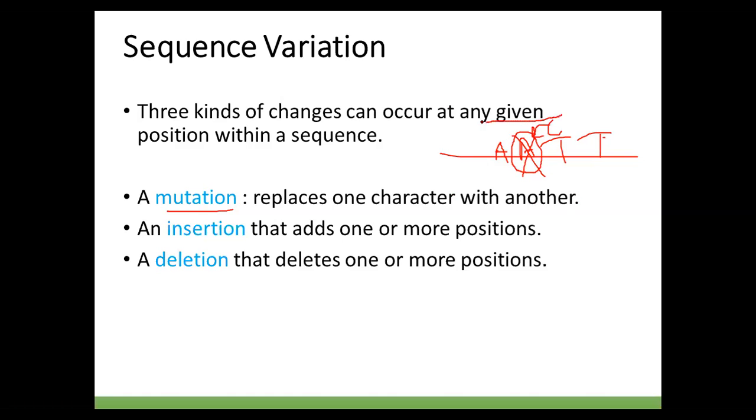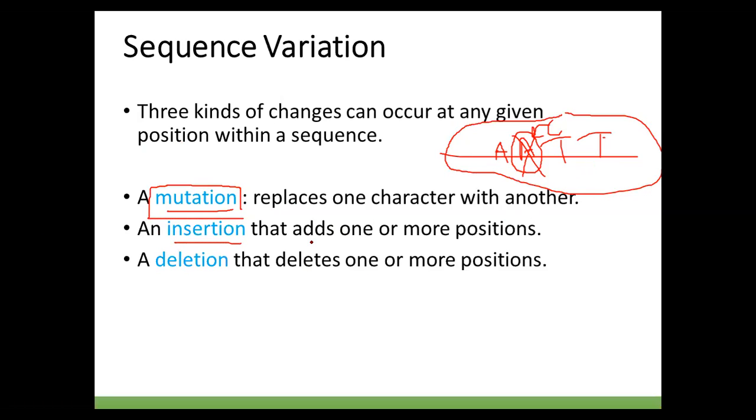And you are asked to wear some sunscreen when you go out in the sun at noon, because that radiation can be harmful to your skin and can cause skin cancer. So mutation is something like that, which would replace one character with another.